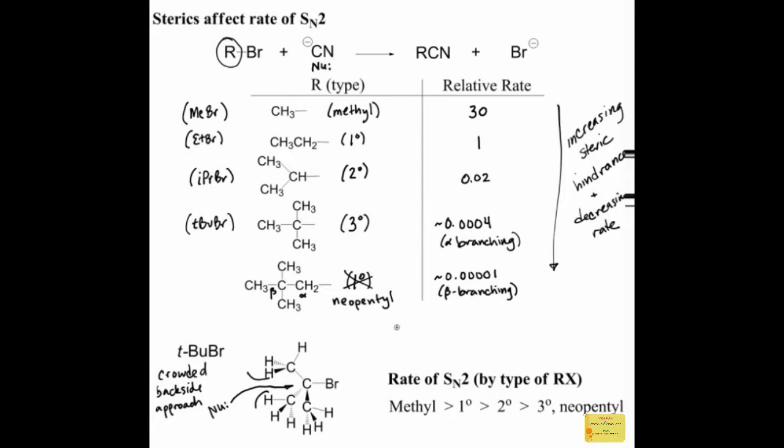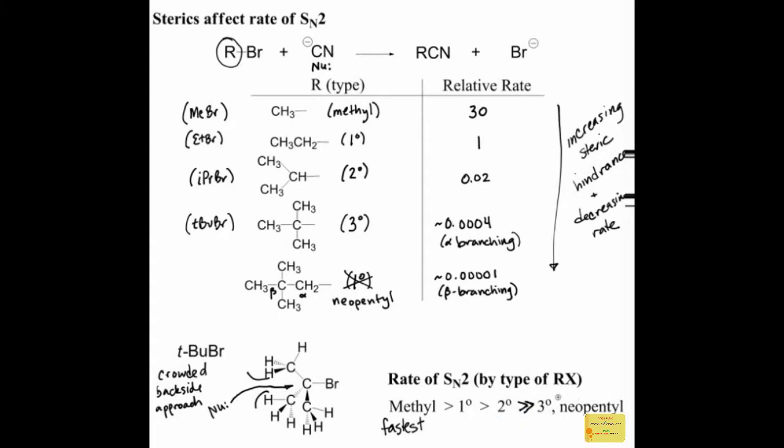So overall, considering the type of the alkyl halide, the fastest SN2 is going to be when you have a leaving group on a methyl carbon. That's faster than primary, which is faster than secondary. And then we have a huge rate increase, so let's make this a double greater-than sign.